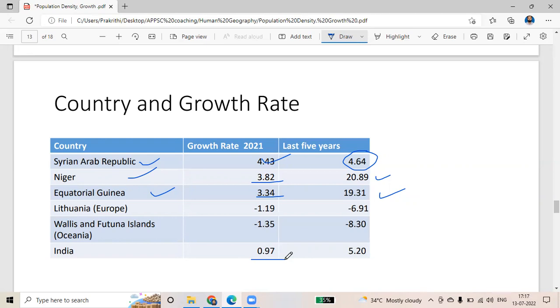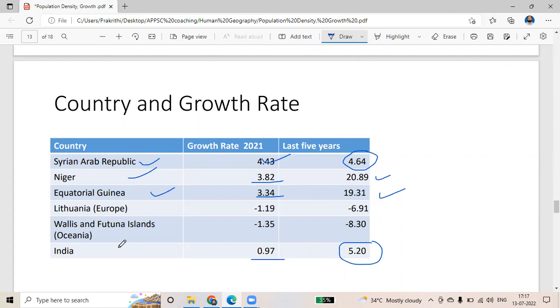That's why I said the Indian population growth rate is almost 1%. For the last 5 years, between 2016 and 2021, it is 5.20%. They add one year, second year, third year like this and give this data.